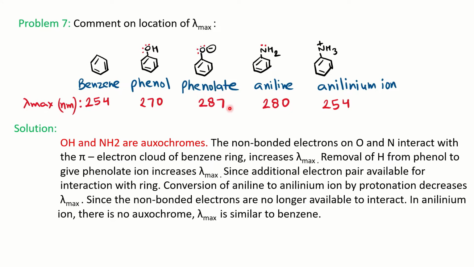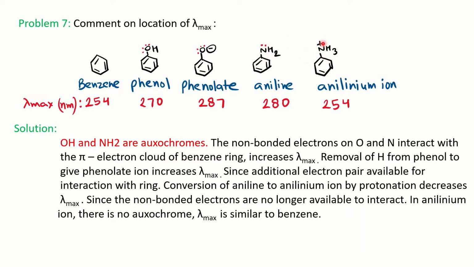Therefore, the wavelength is highest, you can see, in the case of phenolate as compared to aniline as well as phenol. So on generation of phenolate from phenol, the shift is called a bathochromic shift, that is, absorption towards a higher wavelength. Okay, bathochromic shift.